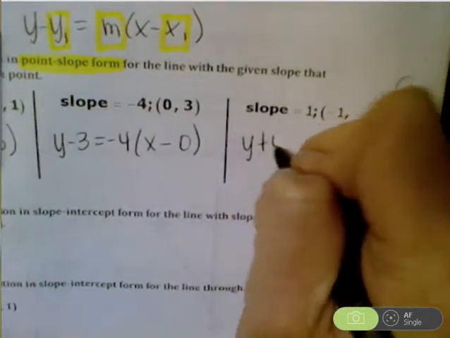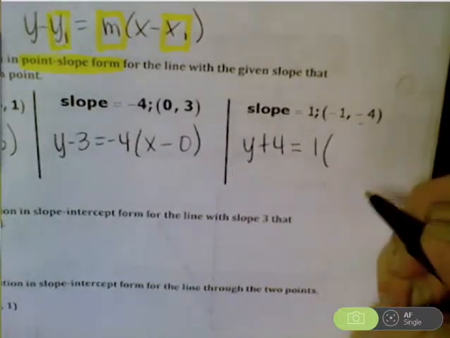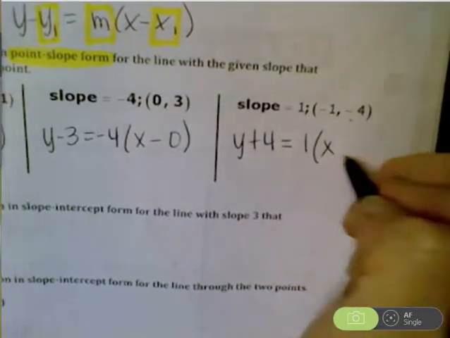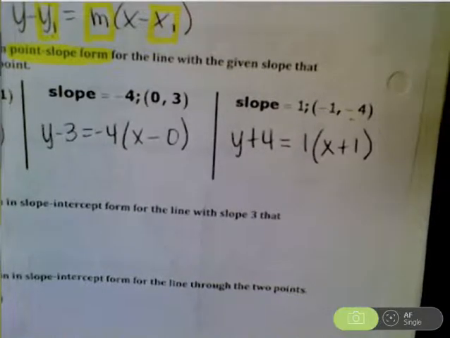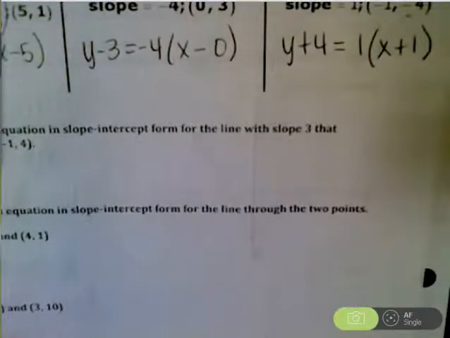So we're going to do y plus 4 equals 1 times x plus 1. y plus 4 equals 1 times x plus 1. Okay. So as you can see, writing an equation in point-slope form is super simple. You're just plugging in the values into the formula, and that's all you have to do.